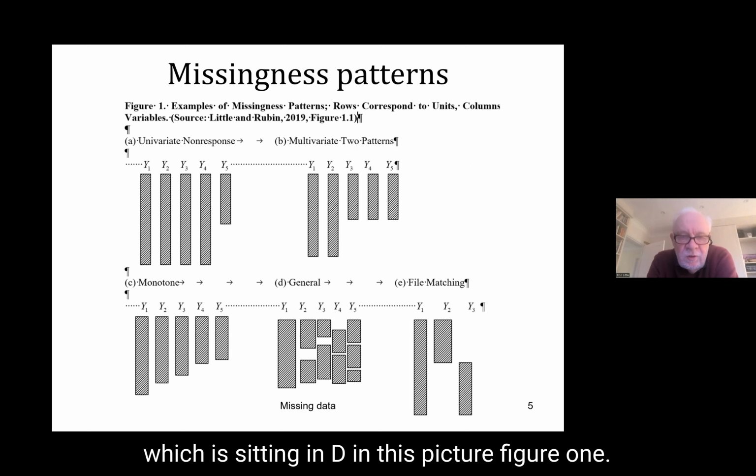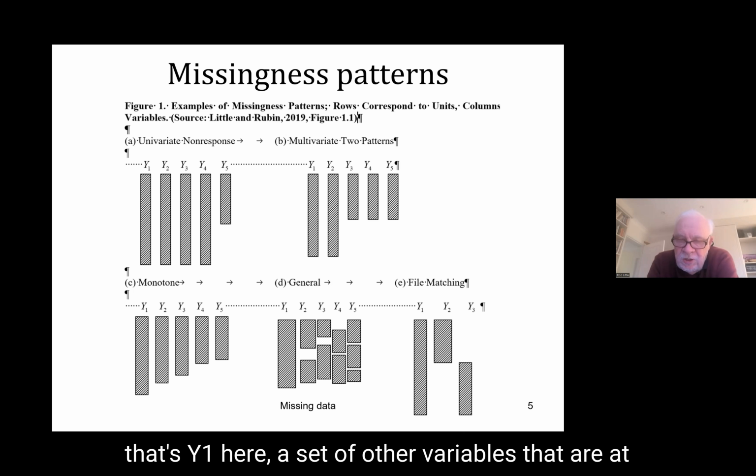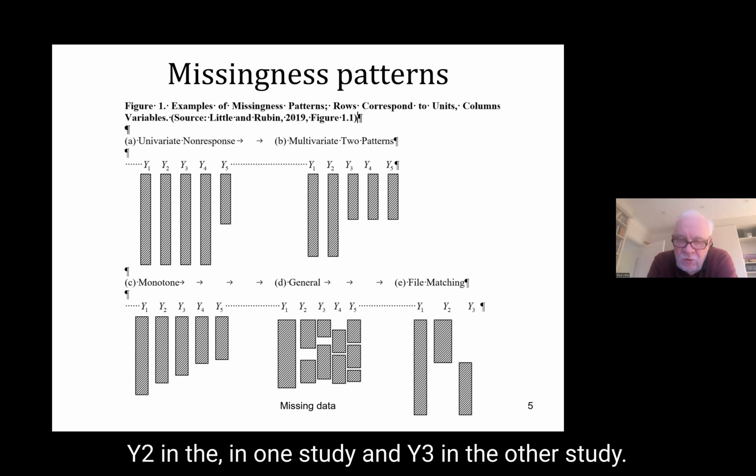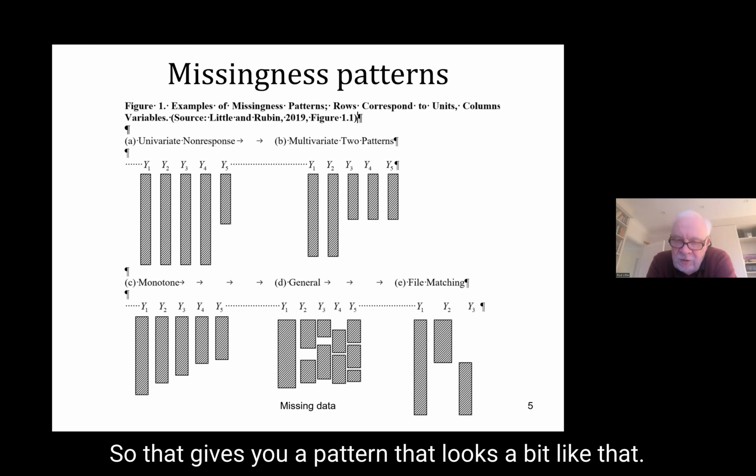And then a general pattern. The last one, E, is what I call file matching. So we're often interested in combining data across data sets. And then you have some variables that might be common to both of the data sets, that's Y1 here, and a set of other variables that are Y2 in one study and Y3 in the other study. So that gives you a pattern that looks a bit like that.